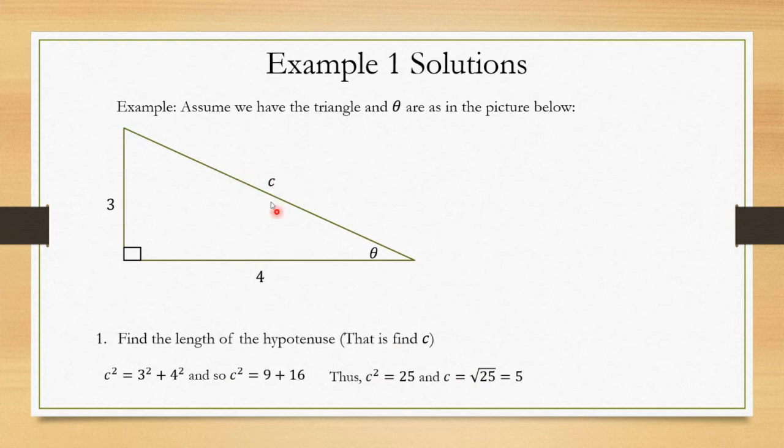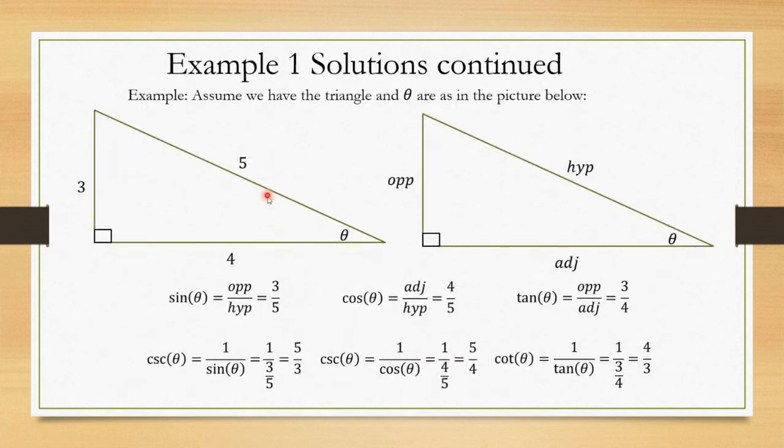We know all the side lengths. That's really all you need regarding trigonometry. I shouldn't say that. Since we know all the side lengths, we can now get sine, cosine, tangent of the angle. I put this here to help us remember. For instance, sine of theta is the side opposite of theta divided by the hypotenuse.